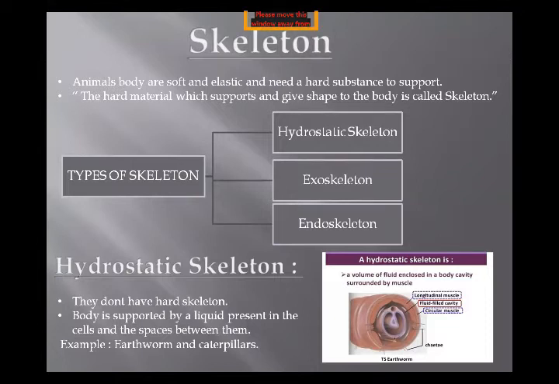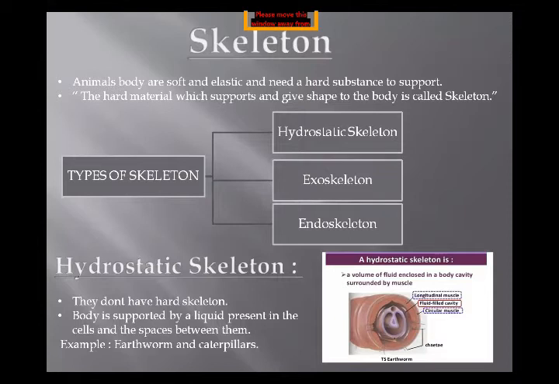I repeat, the animal body is divided into head and trunk. The head and trunk consist of the mouth, brain, sensory organs, the systems and soft organs, and also the forelimbs and hind limbs. All these parts need support to maintain their shape, and they get support by the skeleton.